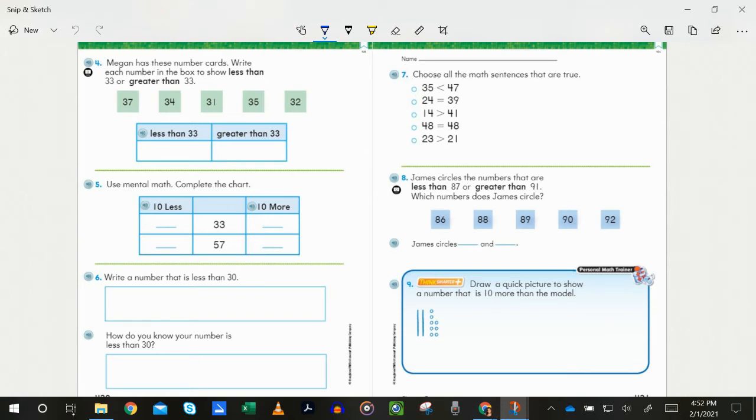Okay. 34, less than 33 or greater than 33? Choose the correct box, then cross it out. Okay, 31, is it less than 33 or greater than 33? Choose and cross it out.